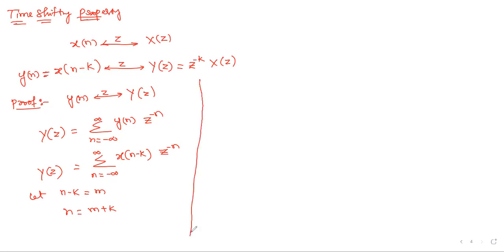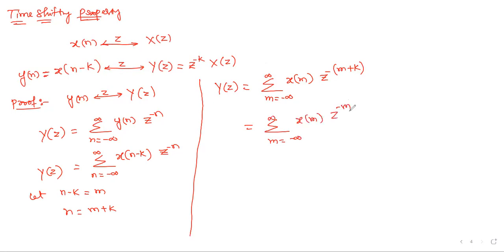Now what is y of z? y of z is equal to summation m equal to minus infinity to infinity x of m z power minus of m plus k. Now summation m equal to minus infinity to infinity x of m z power minus m into z power minus k.